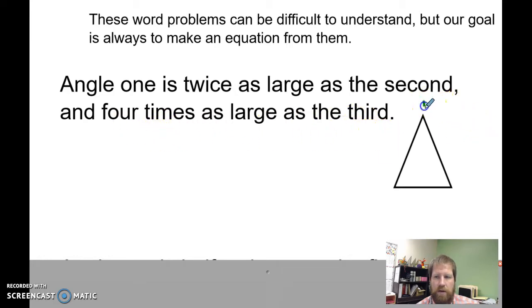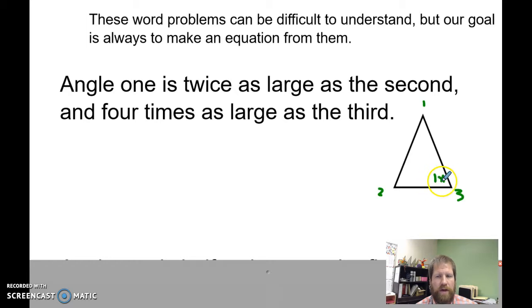Let's go ahead and label these. This is angle 1, angle 2, angle 3. Angle 3 is going to be my smallest. This is where I start using variables: if angle 3 is 1x, and that's why you want to start with your smallest angle and use just one variable.